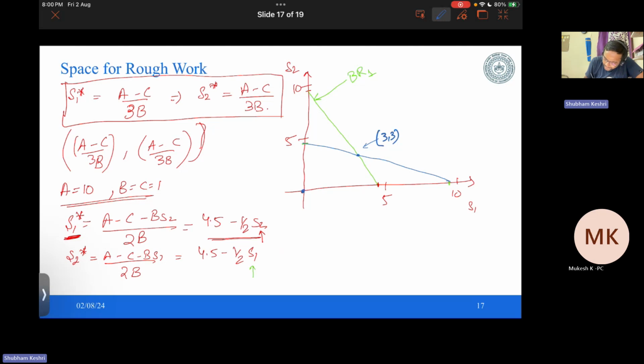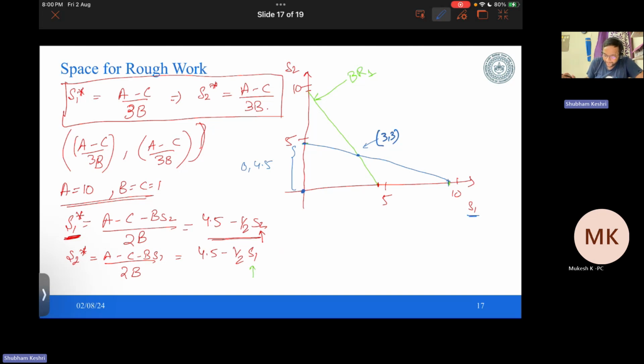Suppose player 1 is playing 0, the best response for player 2 is to play 4.5. When player 1 plays any value above 9, the best response of player 2 is to play 0. So the best response of player 2 is in between 0 and 4.5. No other value is the best response to any other strategy of player 1.